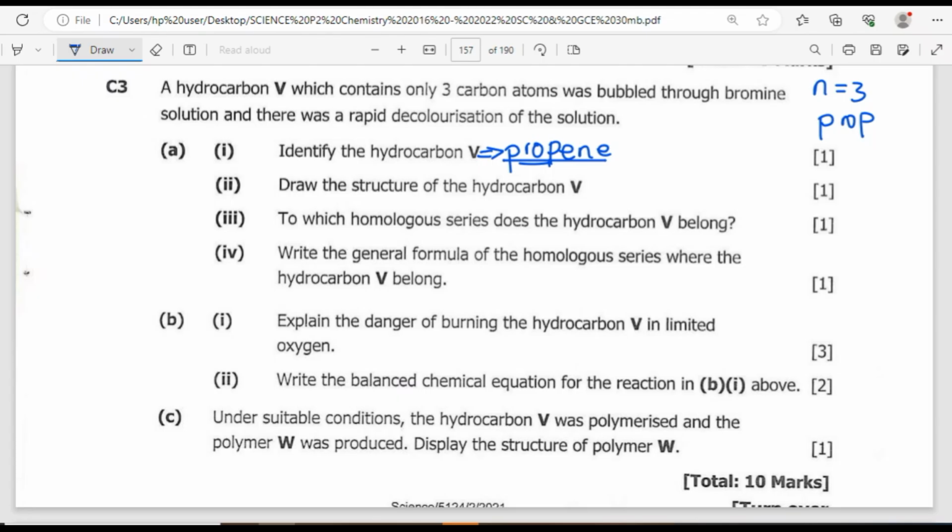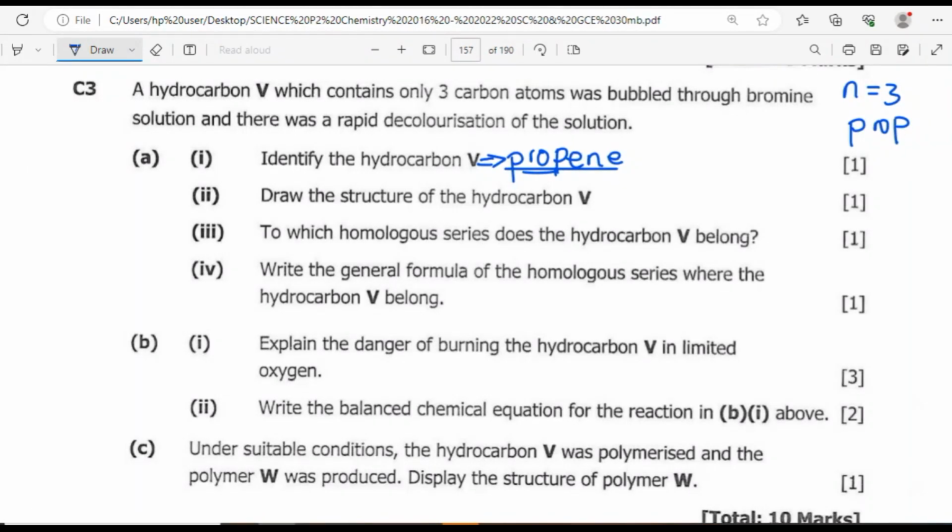Draw the structure of the hydrocarbon V. So first, let's look at the molecular formula. We have CnH2n. So n is equal to 3, we say C3, 2 times 3, which is C3H6.